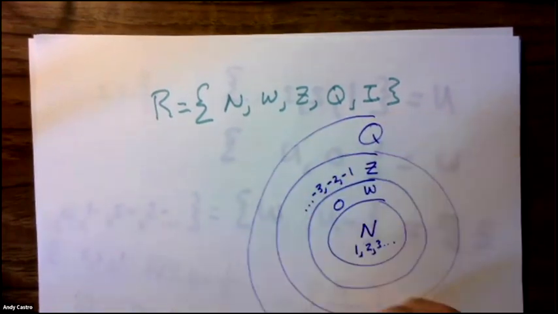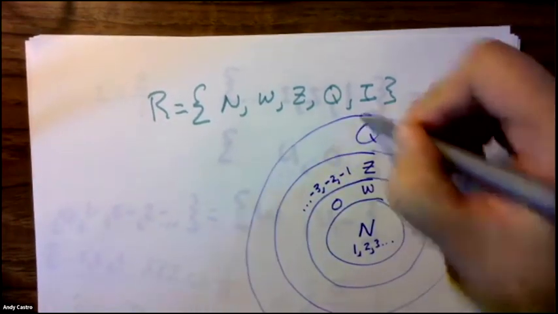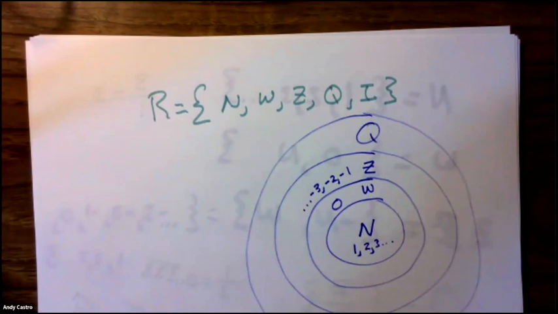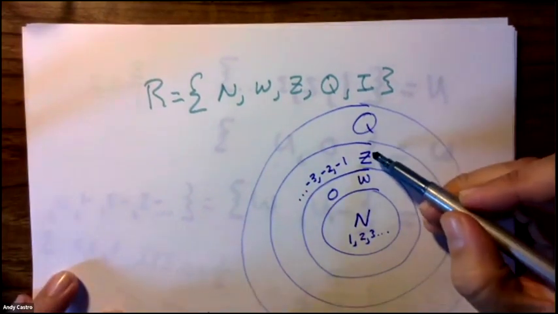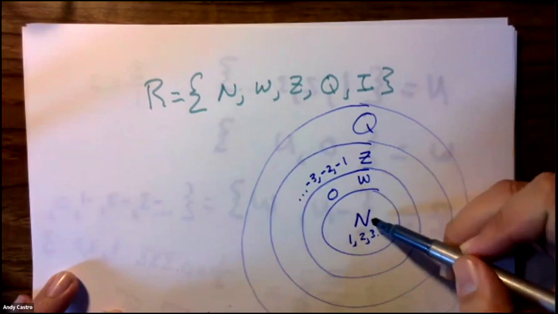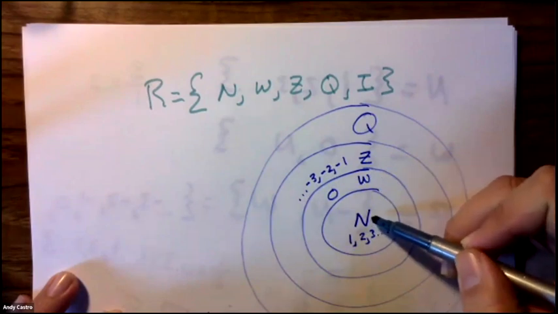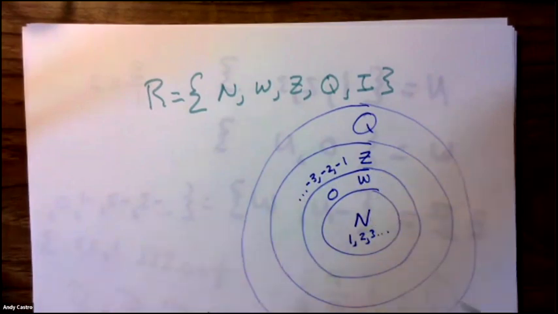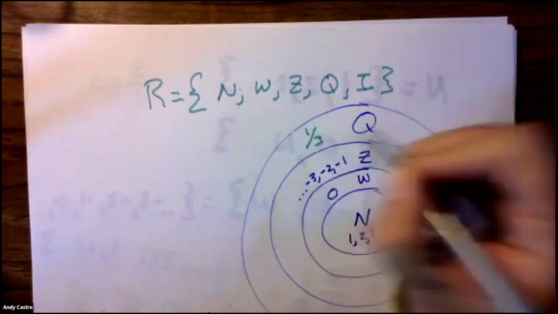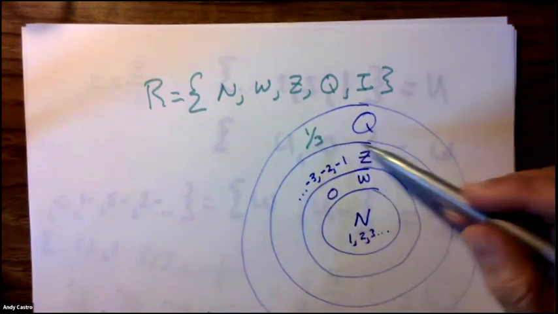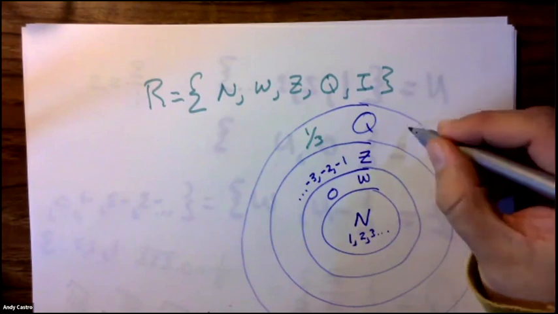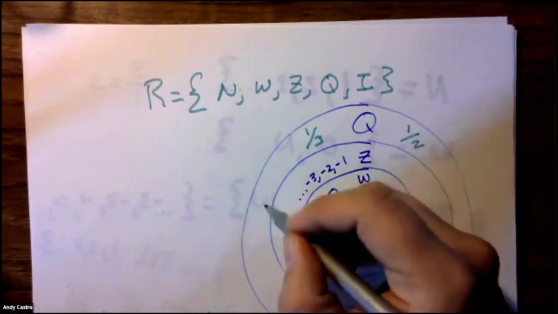The rational numbers include all of the integers, all of the whole numbers, and all of the natural numbers, but they also include all numbers that are not integer, whole, and natural, but can be represented by the ratio of two integers.